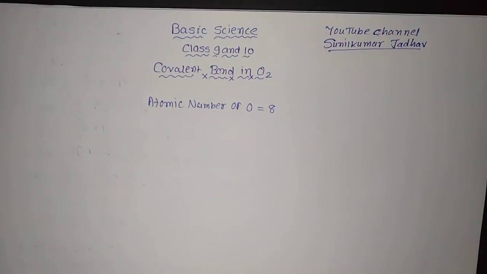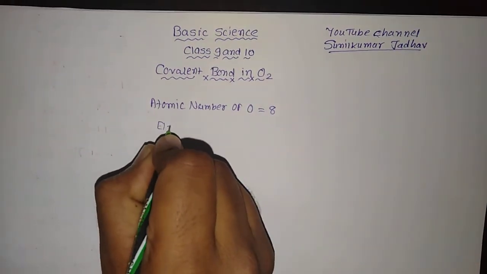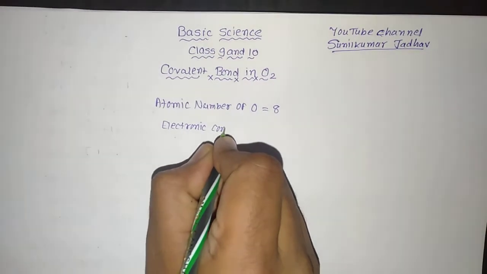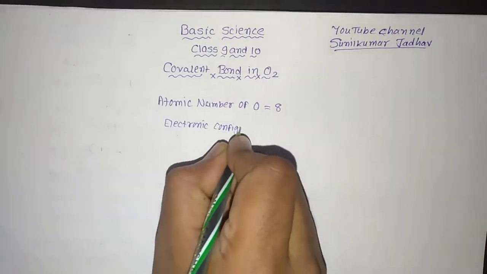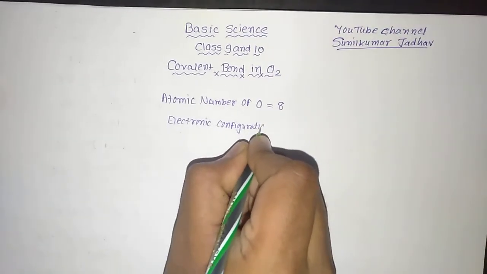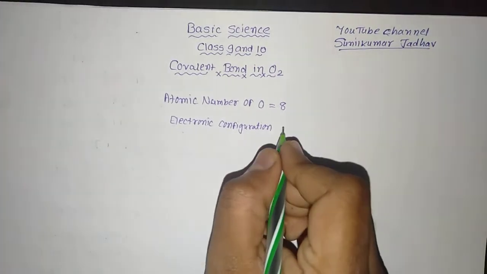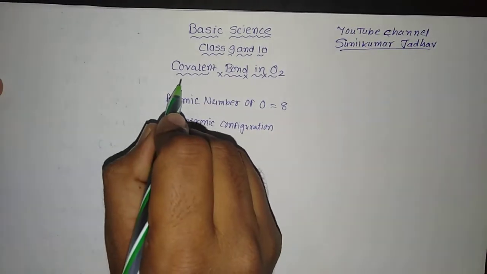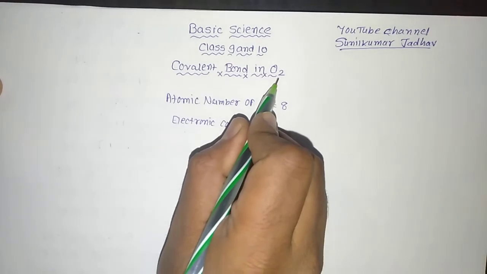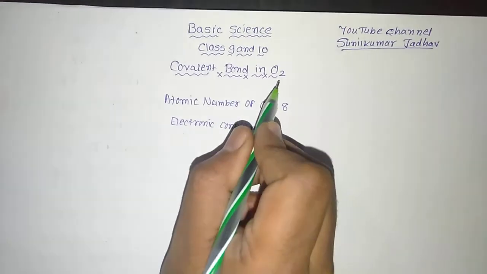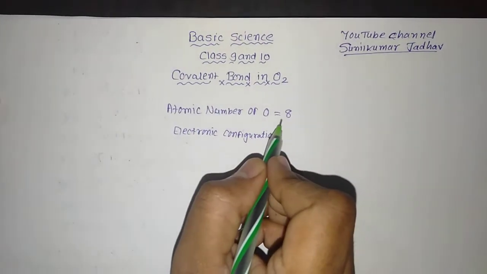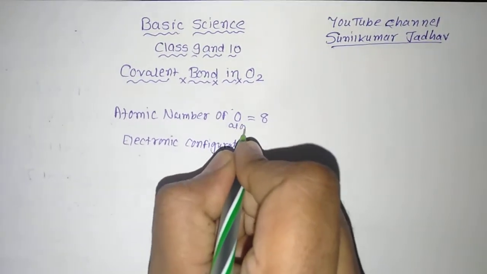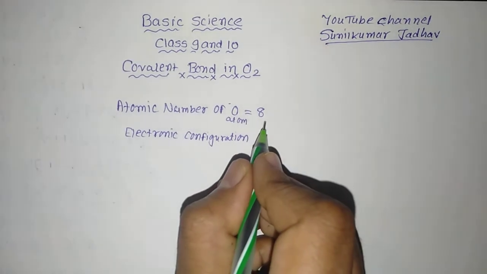Its electronic configuration we'll write it. Electronic configuration of oxygen. We are going to see the covalent bond in O2, that is the oxygen molecule. The atomic number of the oxygen atom, I can write even oxygen atom, otherwise you will get confused, is 8.